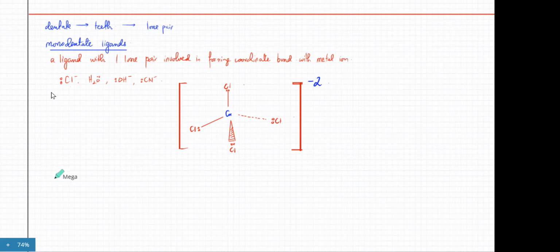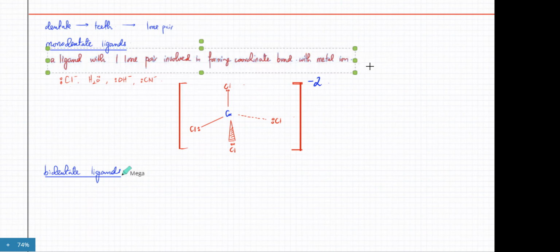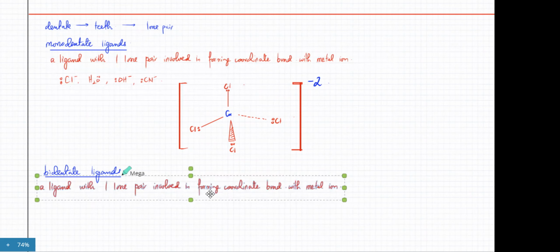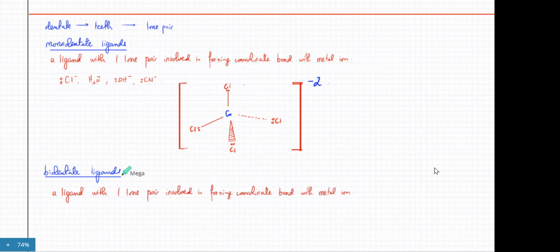They do sometimes ask for the explanation for this. So I'll just copy paste the same old definition, and change 1 to 2.